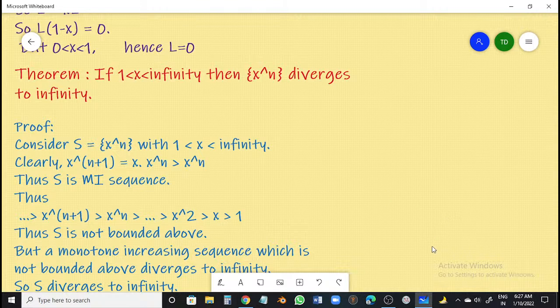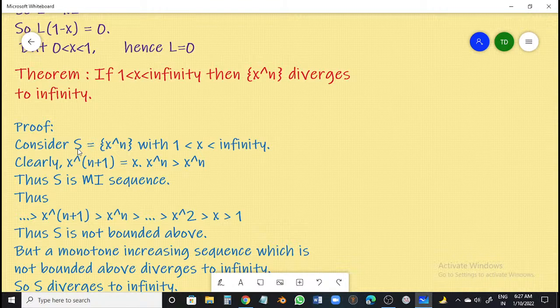Let us consider the sequence s which contains terms x raised to n, and the condition is x is greater than 1. So obviously the same kind of thing we are going to watch, whether it is monotone or not. So let us go to x raised to n plus 1, the next term.